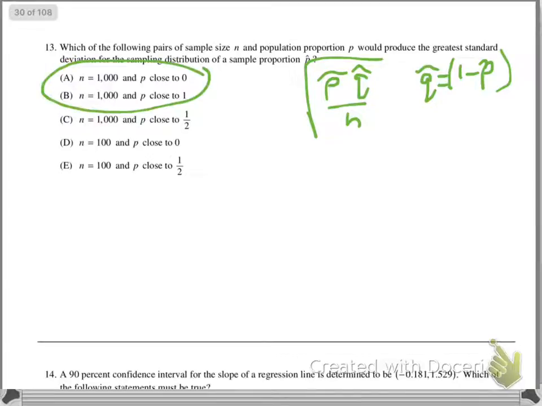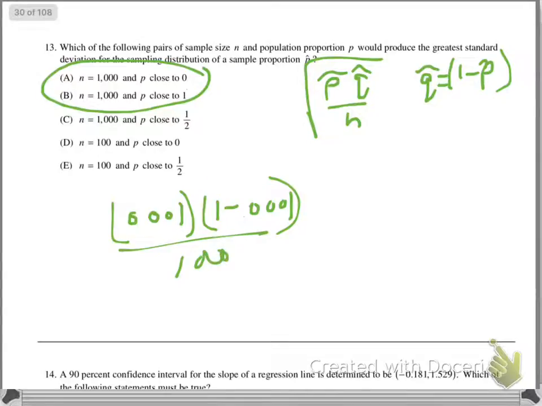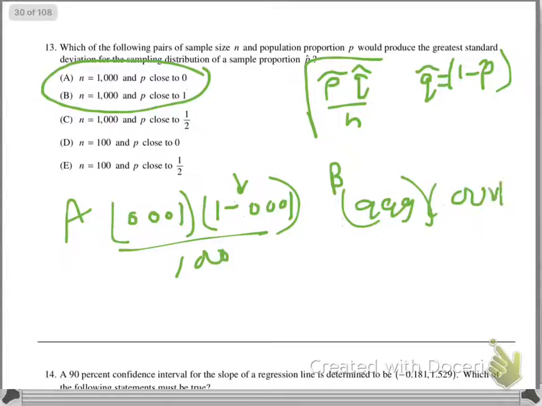Because if P is close to 0, so that'd be 0.0001, then Q is going to be 1 minus 0.0001, divided by 1,000. Well, if this is A, then B is going to be 0.9999, and this is going to be 0.001, divided by 1,000. A and B are the same thing. So the answer is not A.